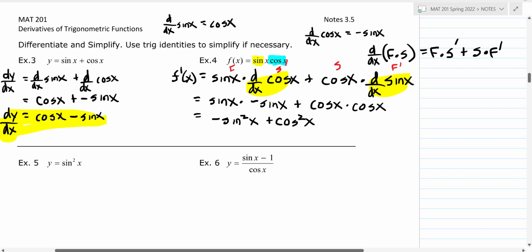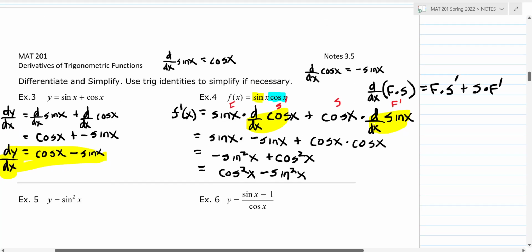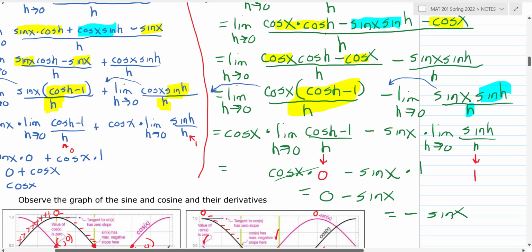Okay, now this is an identity. And again, I'm going to go back to the first page here. If you're dealing with trig functions, if you can use an identity, you want to use it. So let me go back and show you what cosine squared minus sine squared x is.